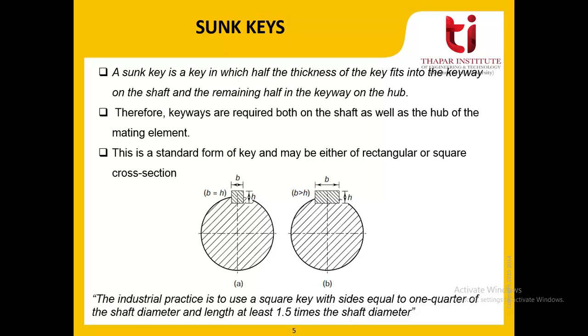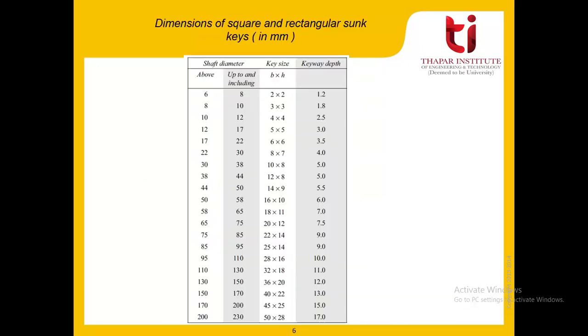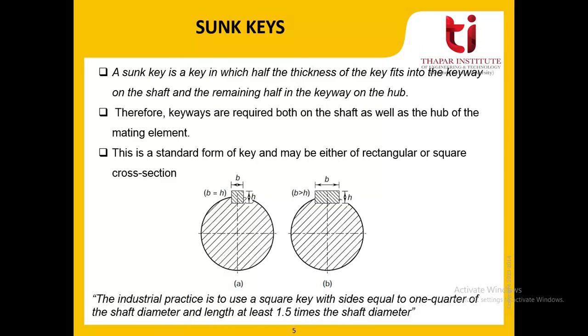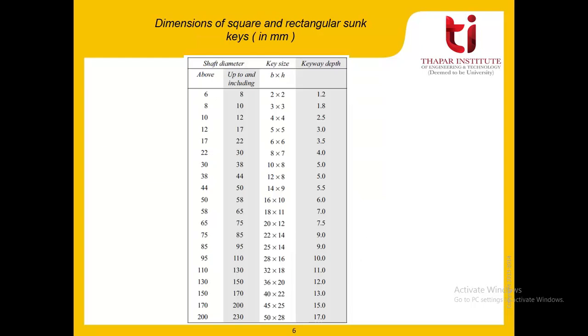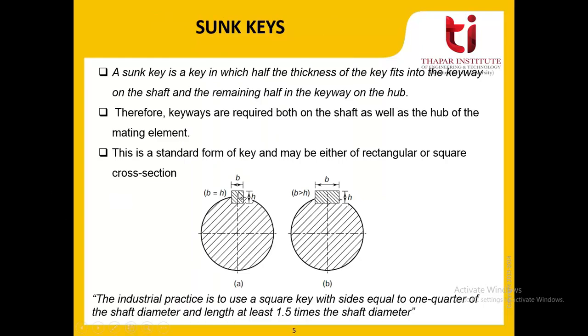In case of sunk keys, you can see here the keyway is present in shaft as well as in hub, right? So you can have a cross section as a square where B and H are equal, or you can have a rectangular cross section. So these are the standard cross sections which are used.